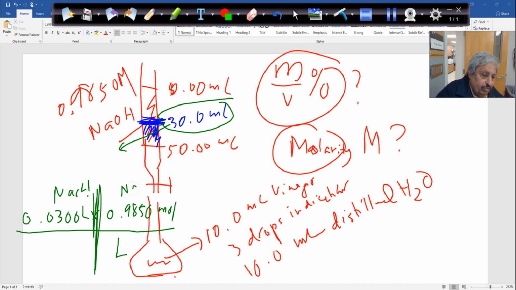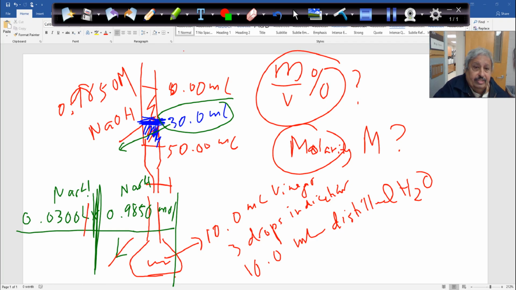This is again sodium hydroxide. Now, the liter with the liter cancels out. Now we have what? We have moles of what? Of sodium hydroxide.